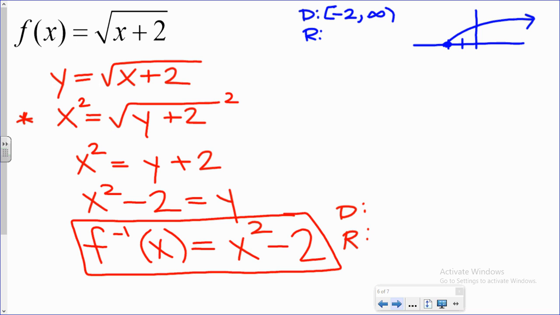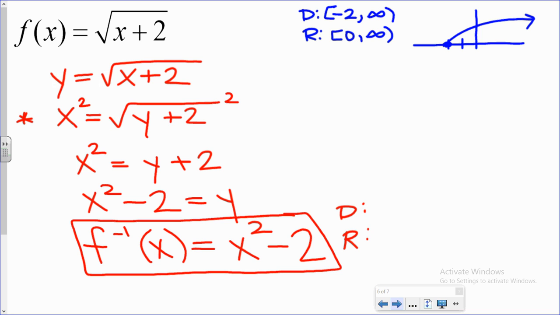And then our range, Lindsay L., what would that be? So range, we're thinking about our y values, right? Where do our y values start if we're looking up and down? 0. Yeah. So we're going to go 0 to infinity. Okay? So that is the domain and range for our function.